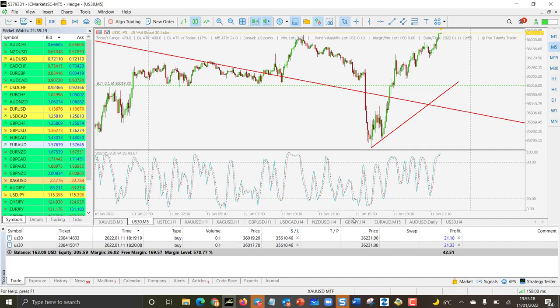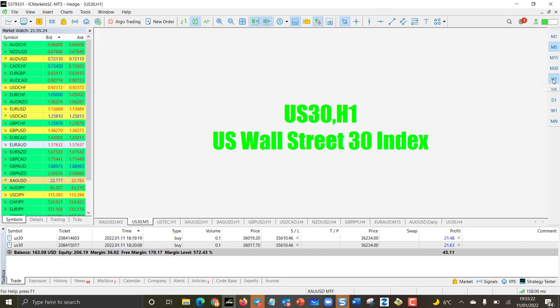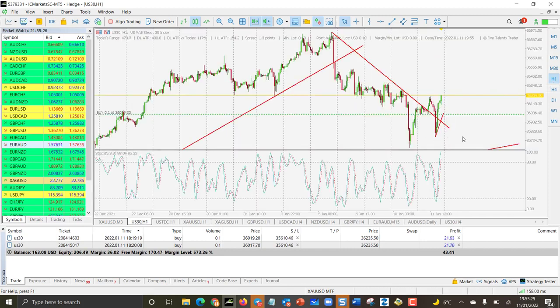You just simply wait for those two lines to cross each other. When they cross, depending on whether they're crossing to the downside or to the upside, the blue line will come from the top to break the orange line.